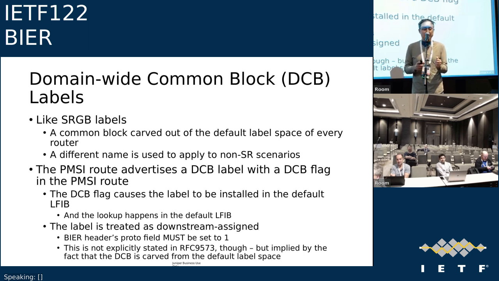In RFC 9573, we said that this DCB is from the default label space, but we didn't explicitly call out that this is downstream assigned and the BIER header needs to set the protocol field to 1. So that's the problem that we need to fix. That's easy. We could do it through an errata, or you could do a very quick, short RFC.